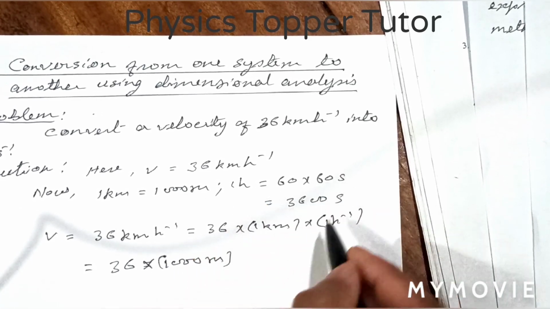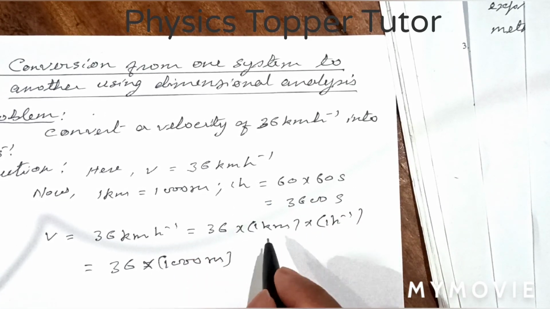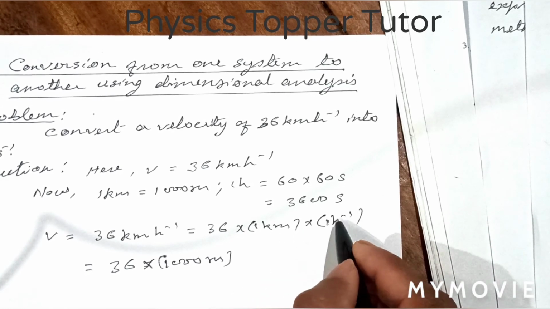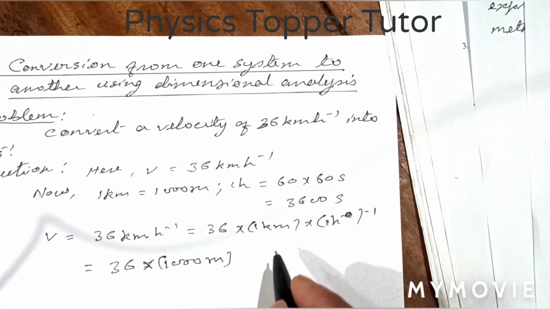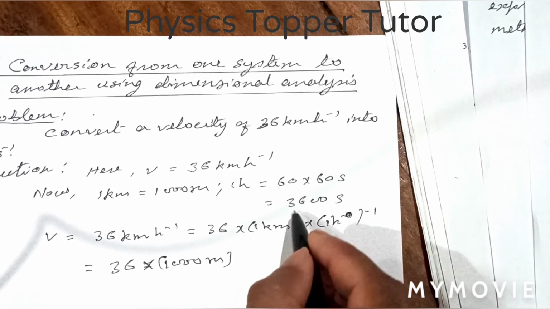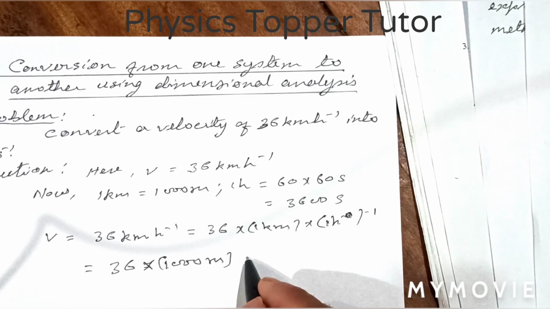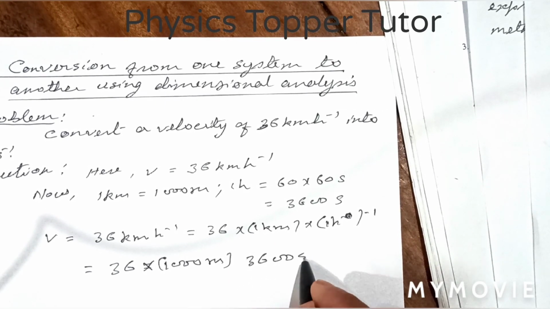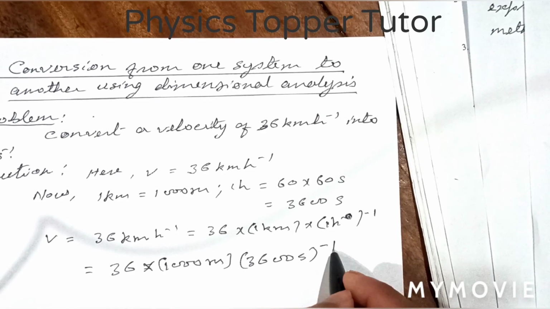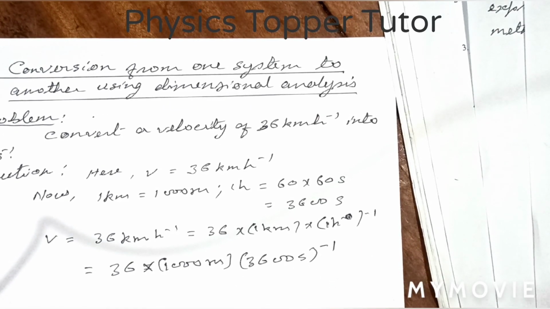Per 1 hour is 3600 second, to the power minus 1.